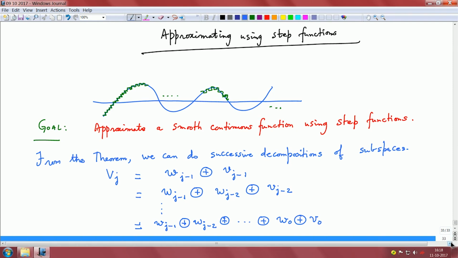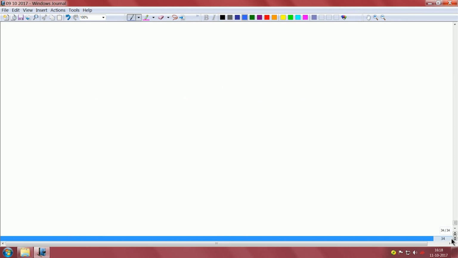So, what this means is each function f in Vj can be decomposed uniquely as a sum of functions which belong in the space Wj minus 1, Wj minus 2, so on and so forth, right. So, that is the meaning of this decomposition.